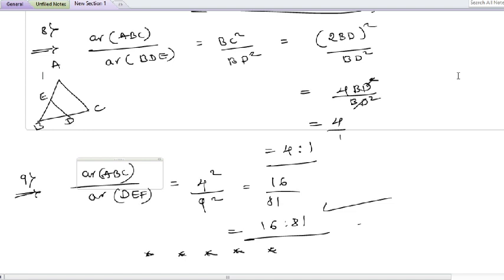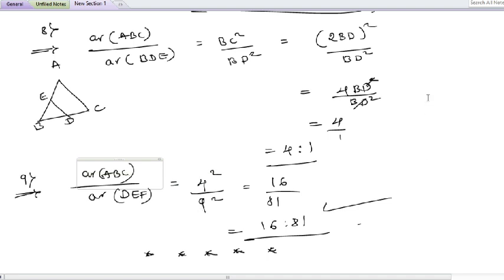Now, problem number 9. Sides of two similar triangles are in the ratio 4:9. Areas of these triangles are in the ratio area of ABC by area of DEF.